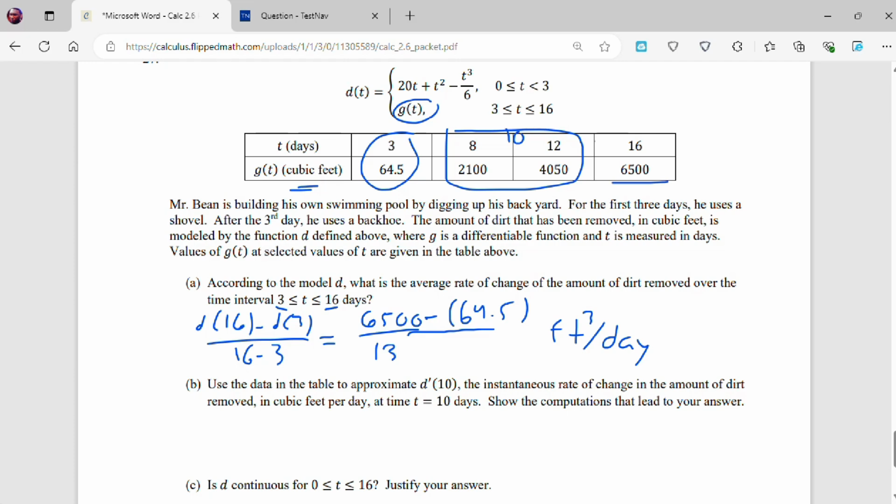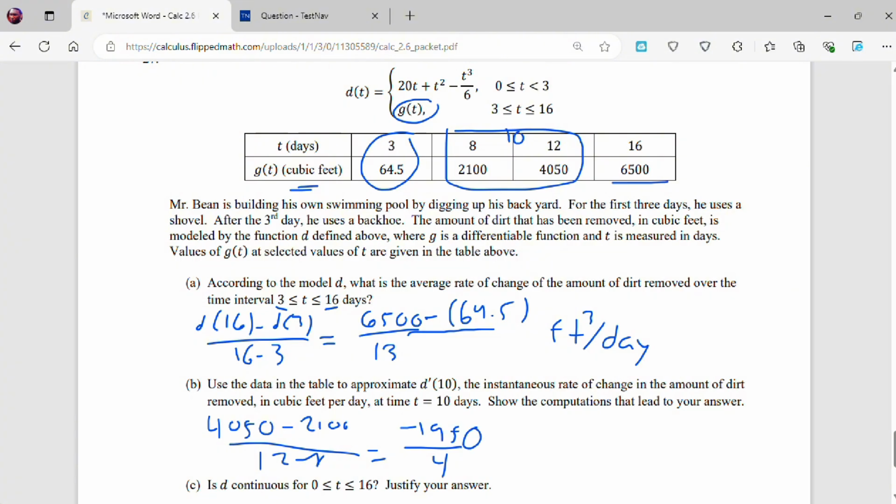So again, we're going to set up our average rate of change. So it's going to be g(12) minus g(8). g(12) is 4050, g(8) is 2100, over 12 minus 8. 4050 minus 2100, I believe that's 1950.